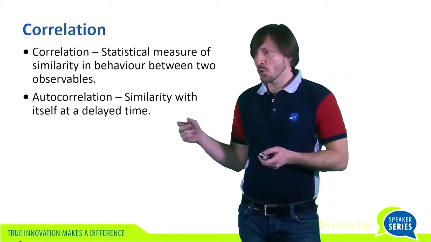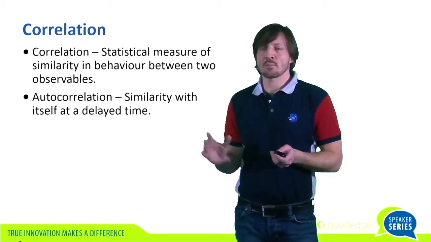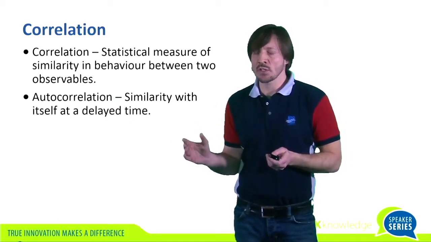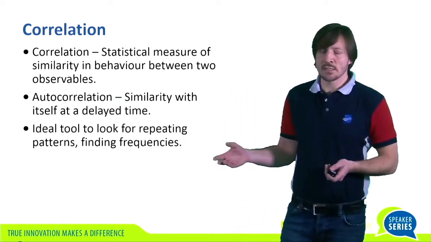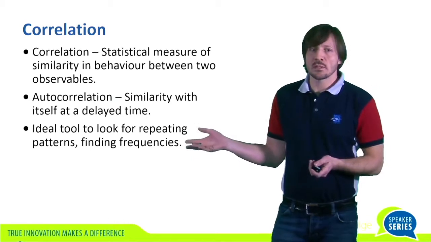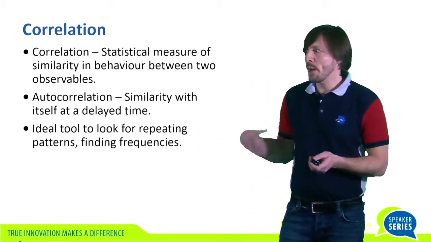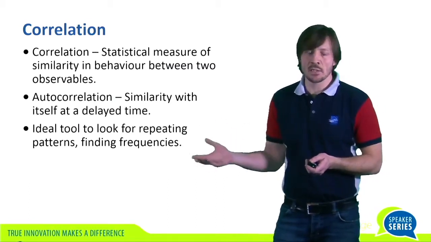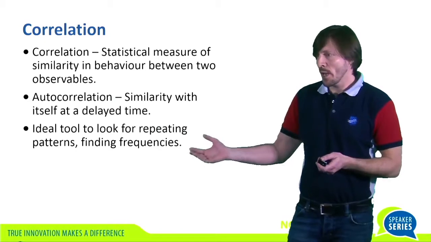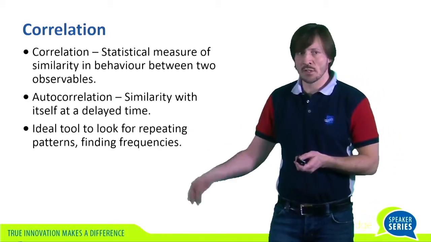So if you look for correlations within that time series, you'll find that a time lag of 1 week is probably where you'll find the highest correlation. So what I'm trying to establish here is that autocorrelation in this way is an ideal tool to look for repeating patterns in the data. In other words, to find frequencies, which is exactly what we wanted. So I want to analyze the signal that's backscattered to me, I want to find the frequencies, and I can use the autocorrelation technique to do that.